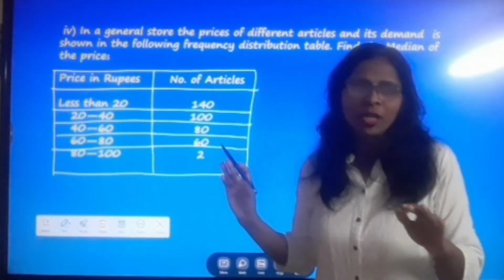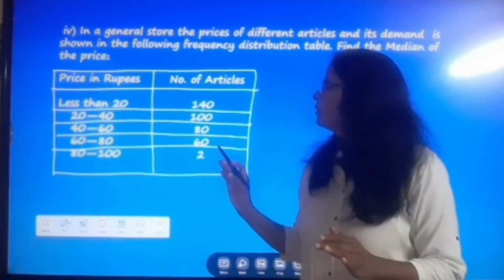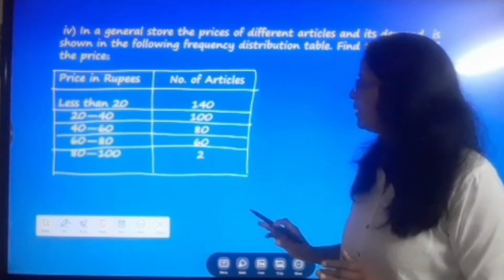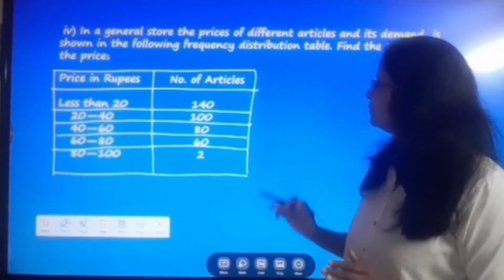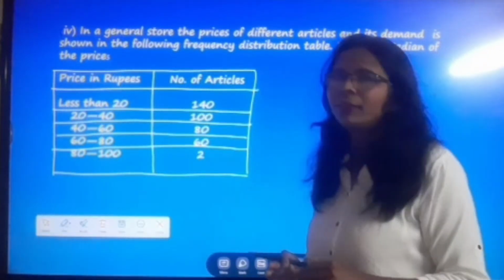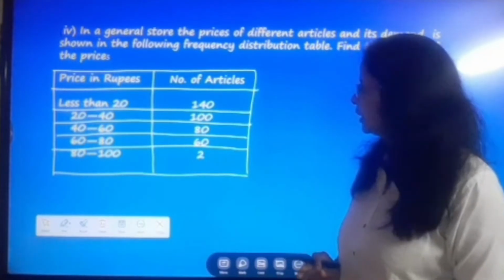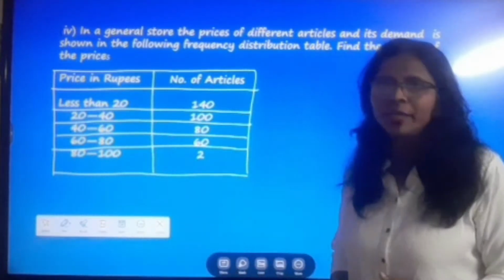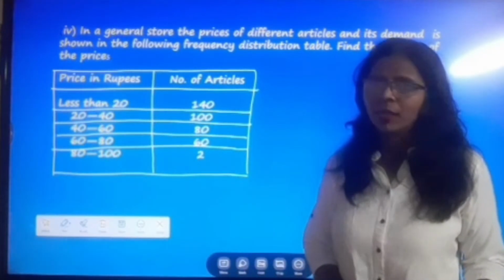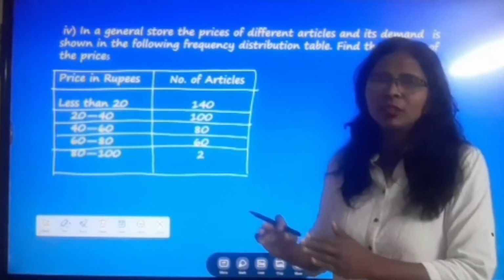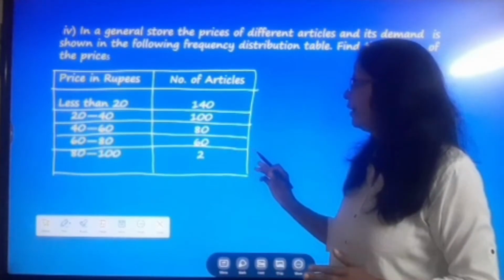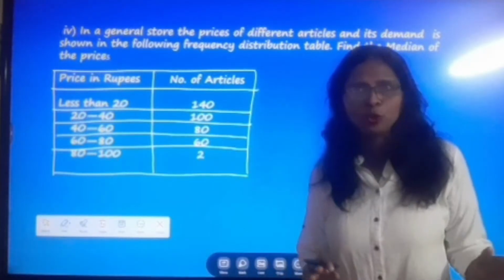Less than 20, price in rupees less than 20, the respective number of articles will be 120, then 20 to 40, 40 to 60, 60 to 80, 80 to 100. These are the class intervals, given respectively with the frequency, that is the number of articles, as 140, 100, 80, 60 and 20, students.